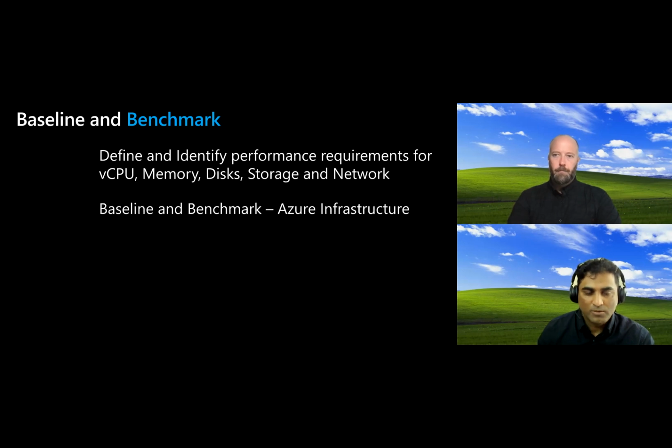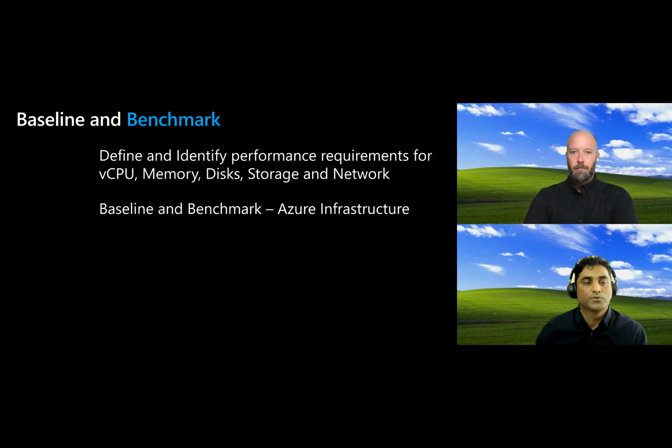So we got the requirements, and then we started with the basics, right? You start with a VM, you benchmark a VM, then you go ahead and benchmark a VM scale set. Then you benchmark Kubernetes or Azure Kubernetes Service, for example, right?